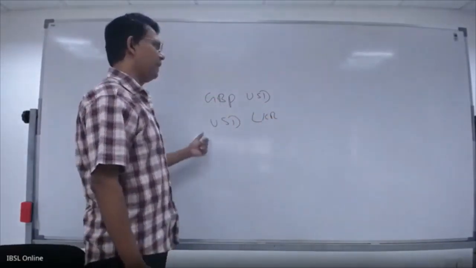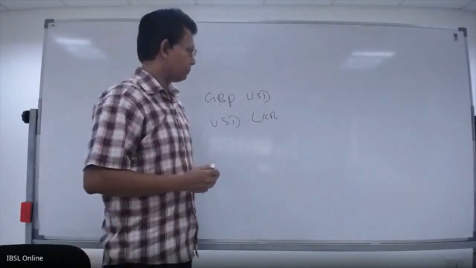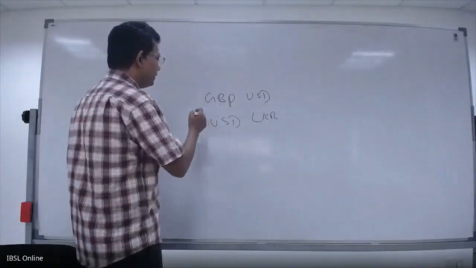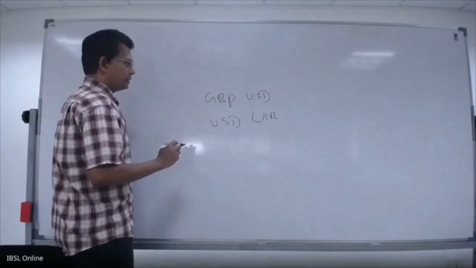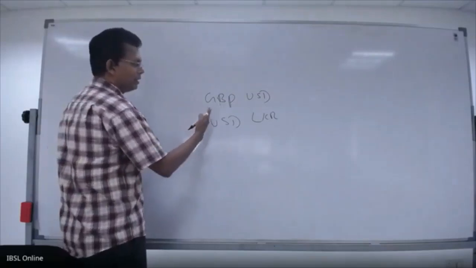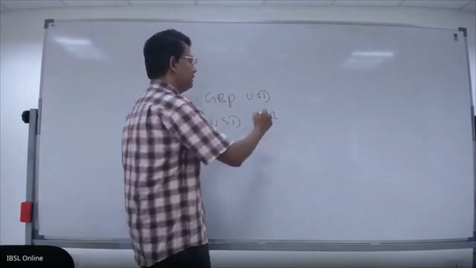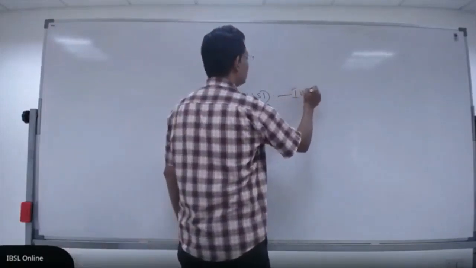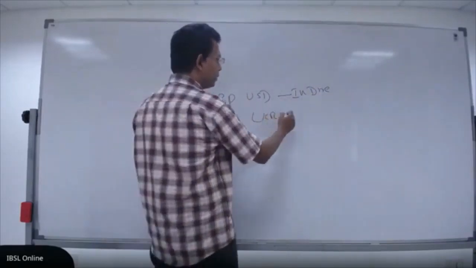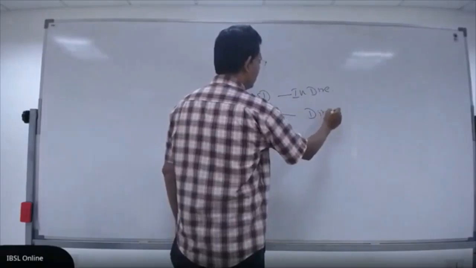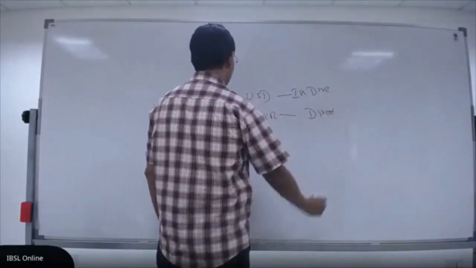The examiner in the exam, if you are given this, remember that we have learned there are 4 types of exchange rates which are quoted with USD on your right hand side. So we call these indirect quotes. Now this is a direct quote, right?